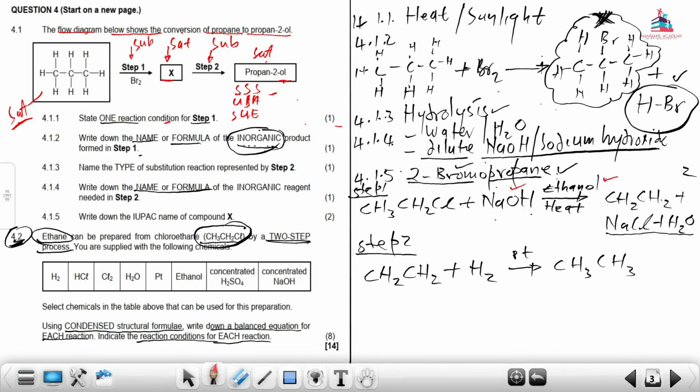Okay, it's 1 for the heat, and then 1 for CH2, 1 for sodium chloride, and then 1 for H2O, and then you get 1 for adding hydrogen, catalyst Pt, and then the final answer. So now this becomes your 8 marks.